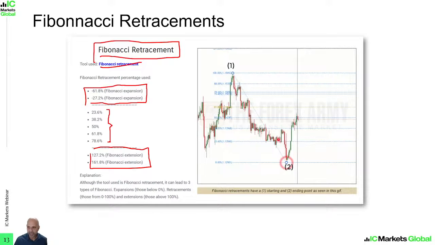Now I say potential because it doesn't mean every retracement level is going to offer significant resistance as price starts to move up. In this example here, we can clearly see the retracement level at 23.6% did not offer any resistance at all. Neither did the retracement level at 38.2%. Where price did finally run into resistance appears to be at the 50% Fibonacci retracement.